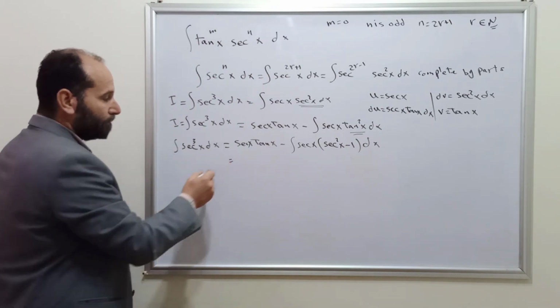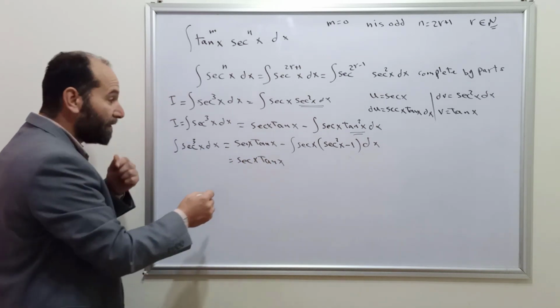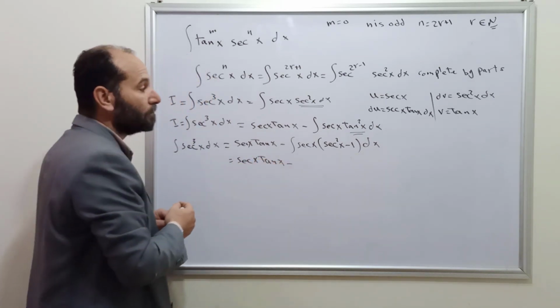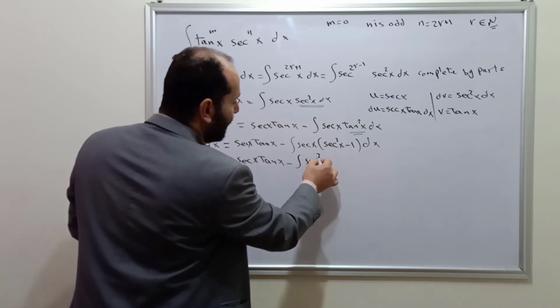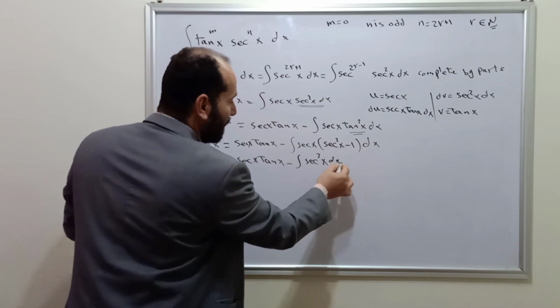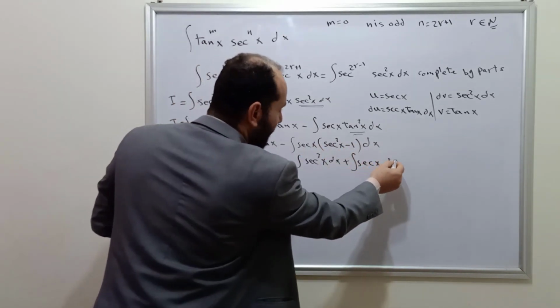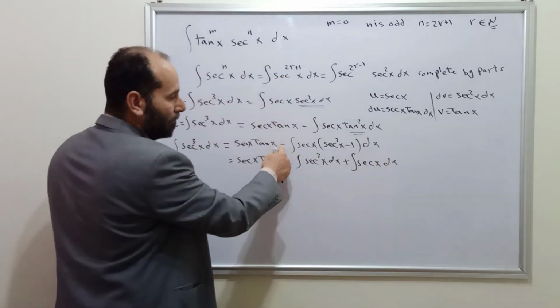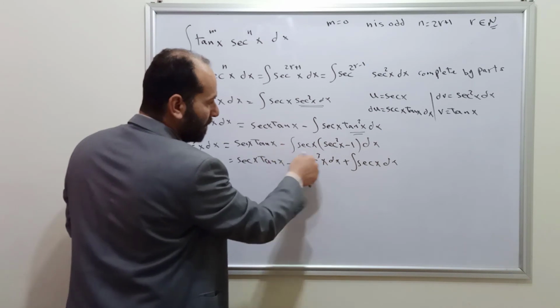This equals sec x tan x minus the integral of sec^3 x dx plus the integral of sec x dx. The product here is negative times negative, positive.